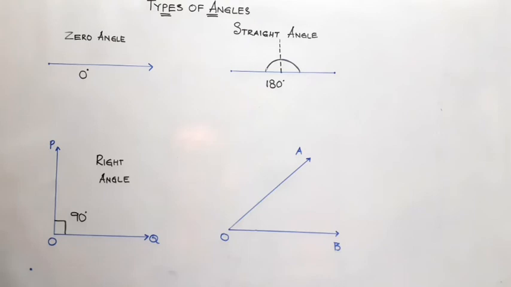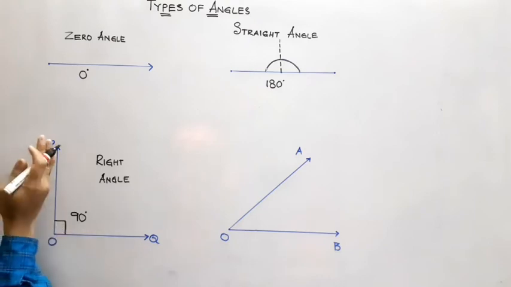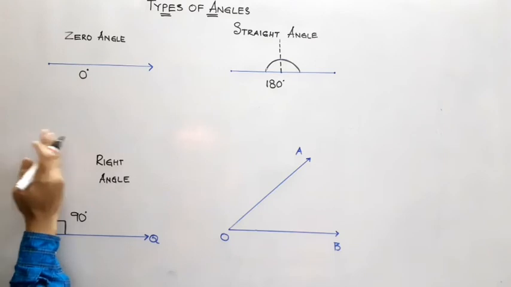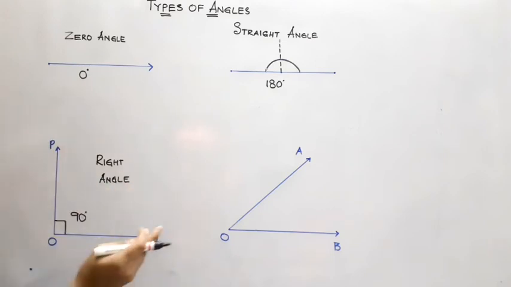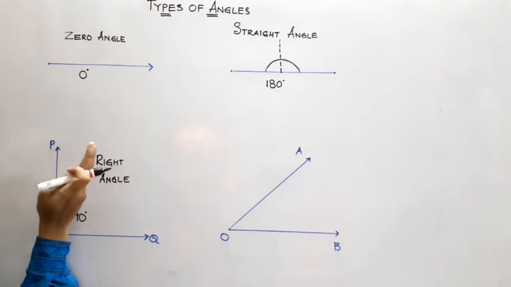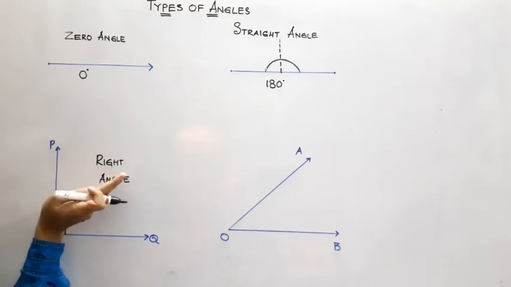Now I want to make this 90 degrees half or less than 90 degrees. See, then the figure comes like this. If I fall this arm down from 90 degrees, it will come down to this, isn't it?